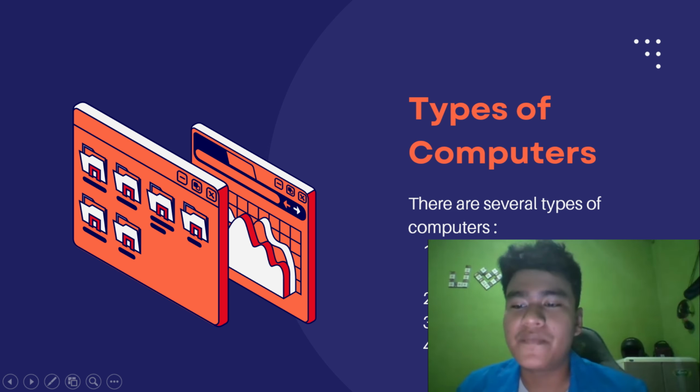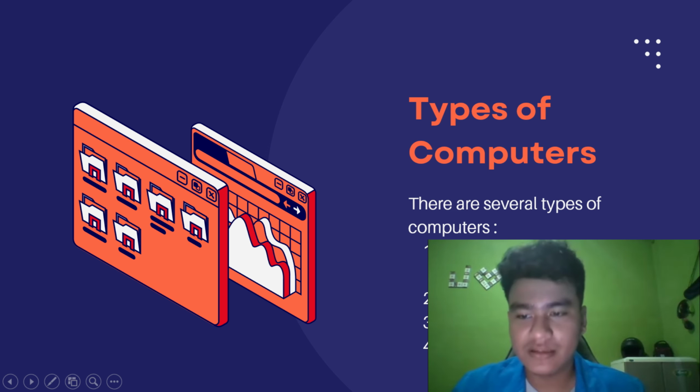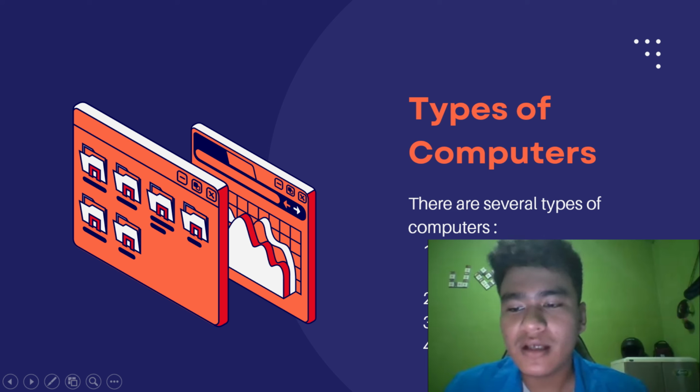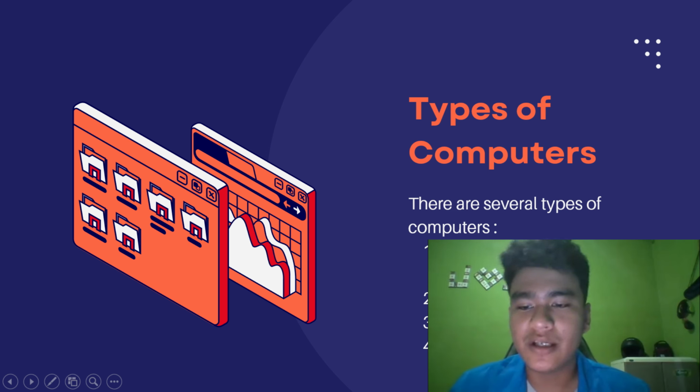And slide 4. There are many different types of computer. The most common one is the personal computer or PC, which is used at home or in the office. Next is the laptop, which is smaller and easy to carry anywhere.